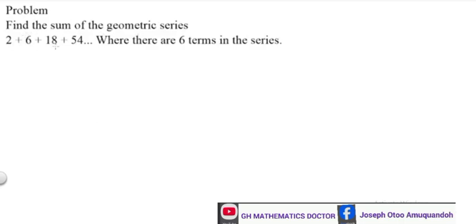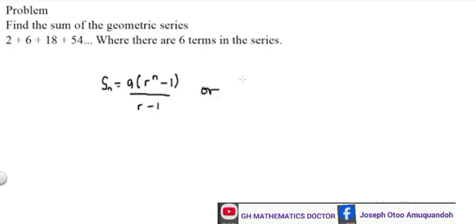We are looking at the sum of the geometric series, where there are 6 terms in the series. All right, so series means you need to add all the terms in our pattern. So let's begin. We use the notation S of n, and the formula goes like this: a into bracket r exponent n minus 1 all over r minus 1.